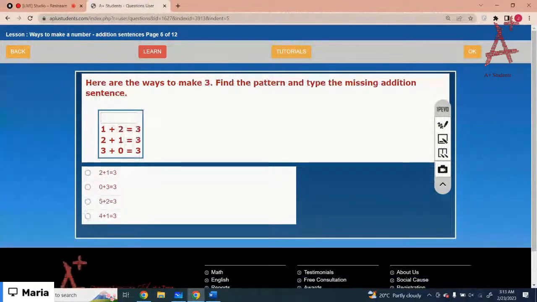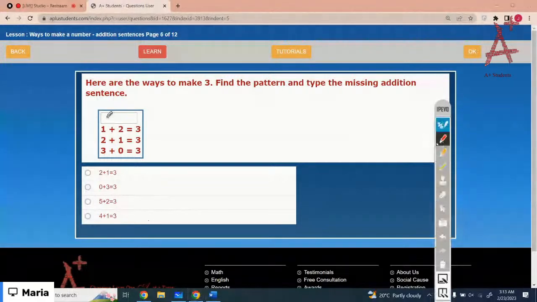Okay, the next one is, here are the ways to make 3. Find a pattern and type the missing addition sentence. So now we have to look at the sentence that makes 3. Start with the first digit, 3, 2, 1. The numbers are decreasing by 1 each time. So right after 1, you have a 0. That means for the next sentence, the first number is 0. Now look at the second number, 0, 1, 2. The numbers are increasing by 1.